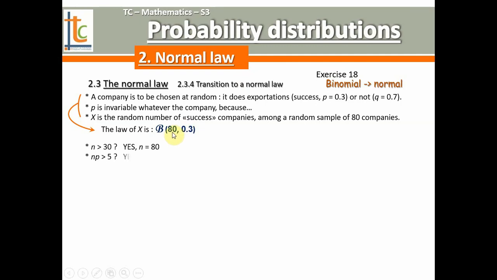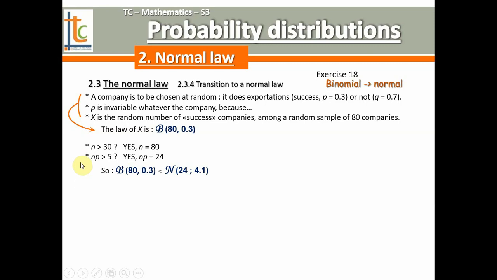It's more than 5. And is n times q more than 5? Yes, if n times p is more than 5, n times q will be more than 5 because q is more than p. q equals 0.7. But we could calculate it, of course. 80 times 0.7 equals 56. So it's more than 5.